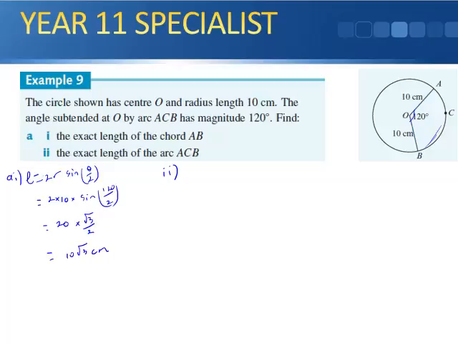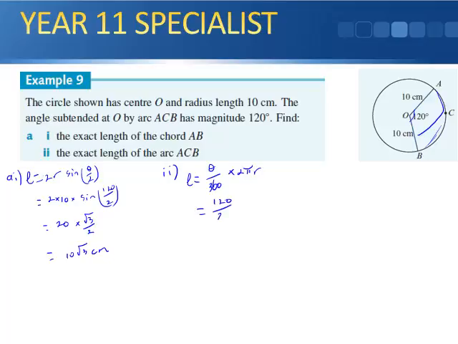Part 2 says the exact length of the arc. So we want to know this arc here. Now the arc length, and again I'm going to use the degrees one. L equals theta divided by 360 times 2 pi r.